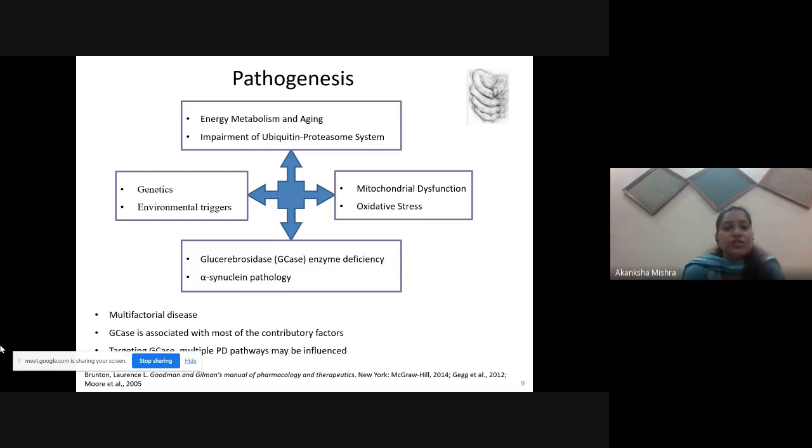Due to genetic mutation also PD happens. Then there are some environmental triggers, for example, there is one pesticide, rotenone. Rotenone is actually a mitochondrial complex 1 inhibitor. So mitochondrial complex 1 inhibitor actually causes the degeneration of dopamine neurons. So it is directly related to Parkinson's disease.